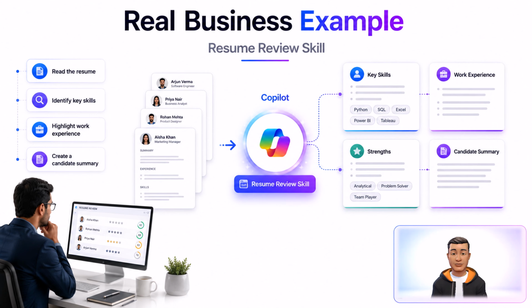They eliminate repetitive work, save valuable time, and ensure every resume is reviewed in a consistent way. The same idea can be applied to many other business tasks, such as reviewing contracts, analyzing invoices, or summarizing meeting notes. Once you create the skill, Copilot is ready to reuse it whenever you need it.